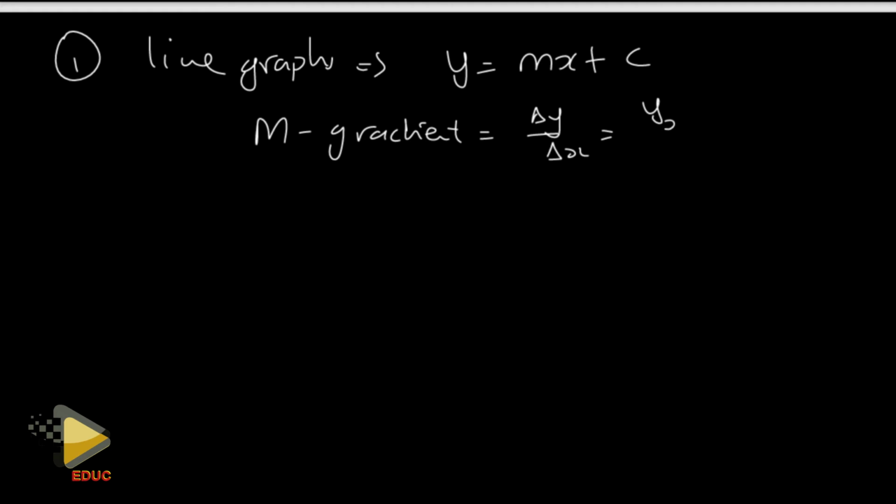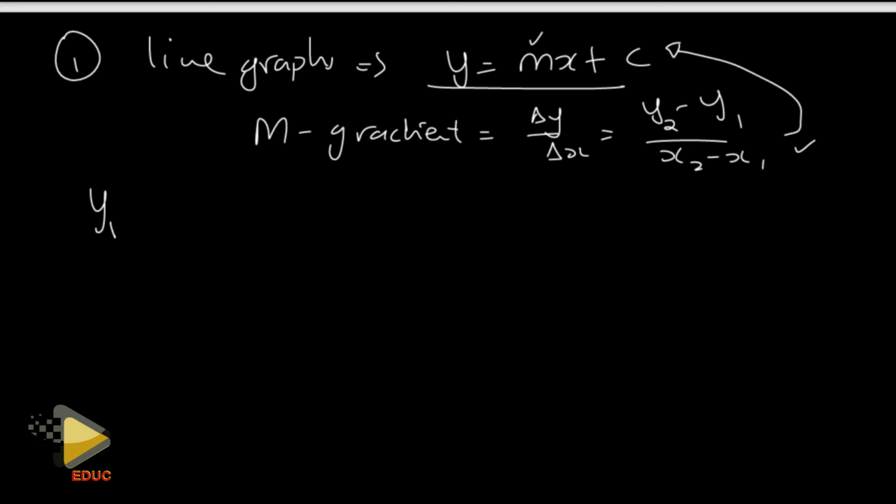Or in other words, we can say y2 minus y1 over x2 minus x1. For us to find the y-intercept, you just have to replace this gradient into the formula and get a point where the line is passing and then get the value of c. So we use this format, or we can use y minus y1 is equal to m into x minus x1 as another approach to finding the gradient of a line.